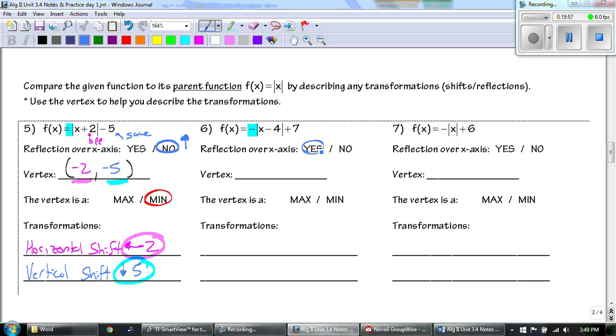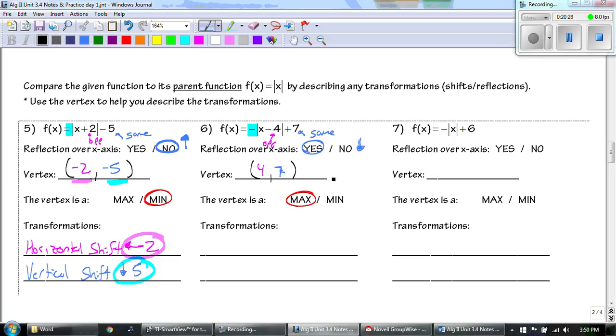Yes, there's a reflection. Now I know that my graph's going to be going down. It opens down, so I know that there's going to be a max value. Okay, our vertex, opposite, so it's going to be 4, and this stays the same, 7. So my vertex is the point 4, 7.